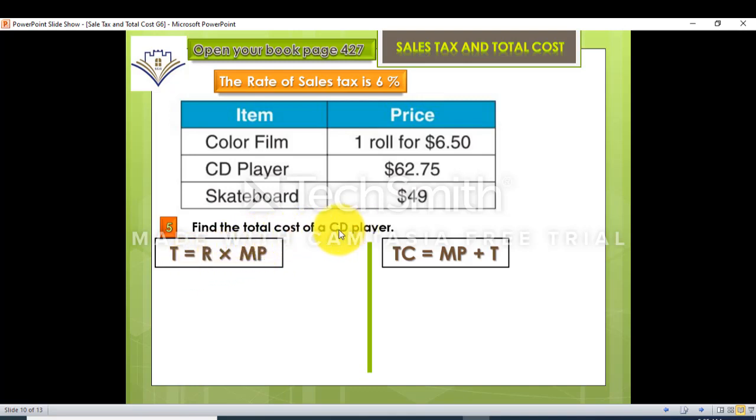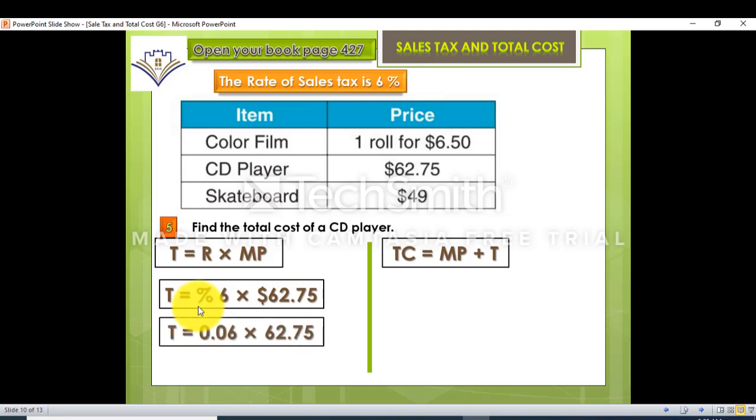We're talking about the CD player. Where is the CD player here? The CD player is $62.75. The rate is 6% multiply the market price 62.75. 6% means 6 divided by 100 means 0.06, as we said before.